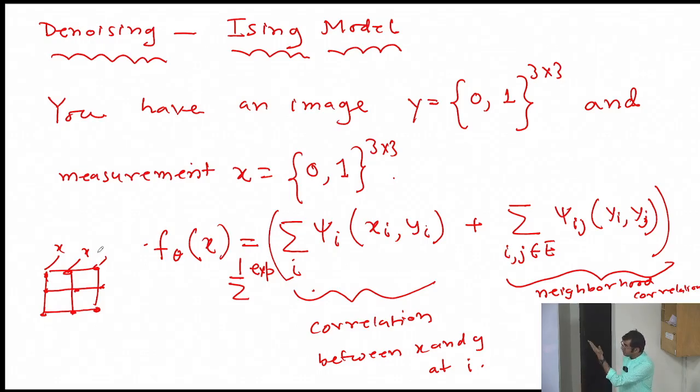How can you solve that problem? You will basically maximize the probability of y given x. Let's assume you know this model and its size is known to you. What you will do is find the y that maximizes the probability given x. So given x, what is the value of y whose probability is maximum.